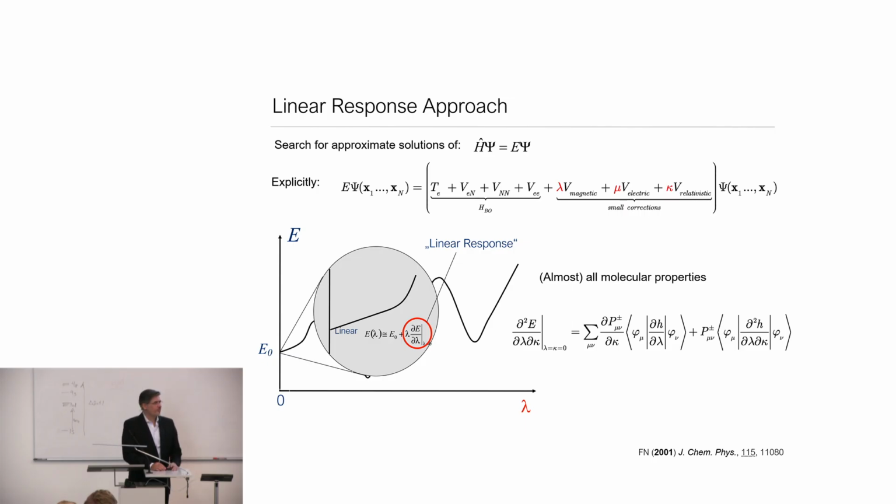If you would do it the other way around, you would have to solve like 1,000 response equations, one for each nucleus separately, before you then contract it with the magnetic field integrals, and that's a pain in the neck. That's why you have the freedom to choose the order in which the perturbations are done.